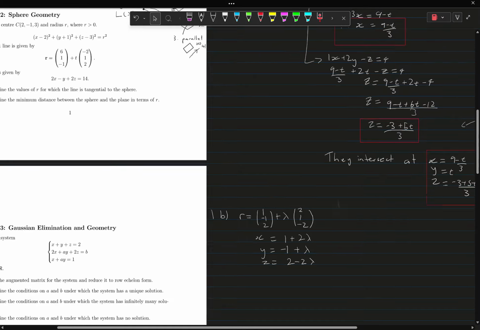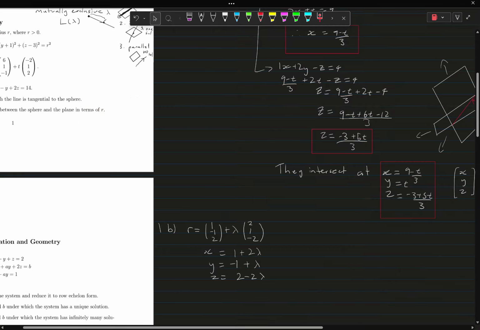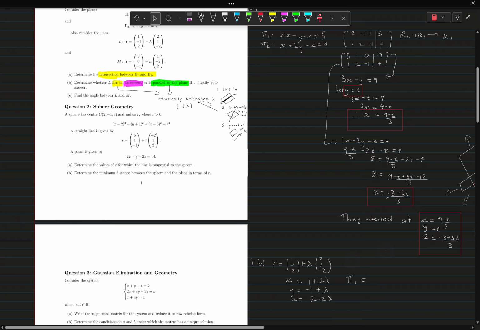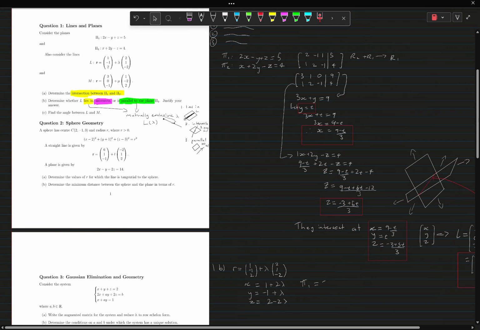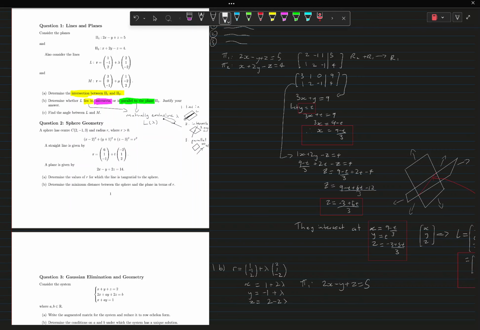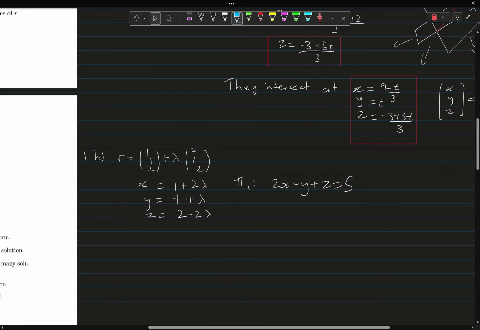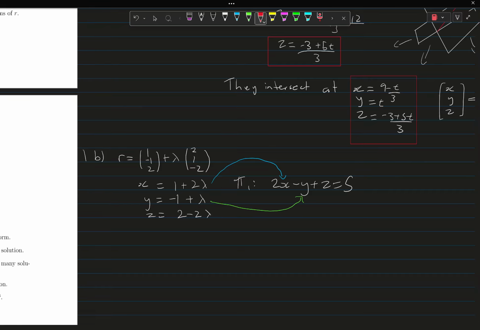We have the plane in terms of x, y, z, and then we can substitute these into the equation for plane 1. Plane 1 was 2x minus y plus z equals 5. So we just put the x values in the x spot, the y in the y spot, and the z in the z spot.